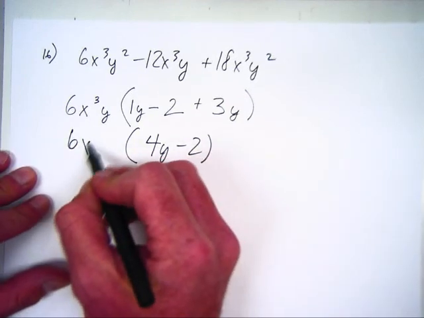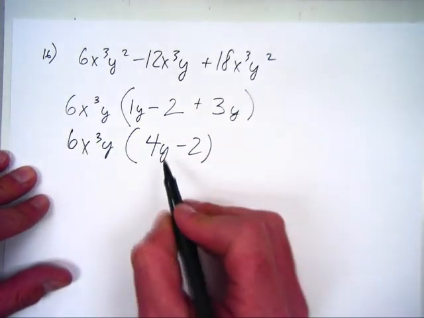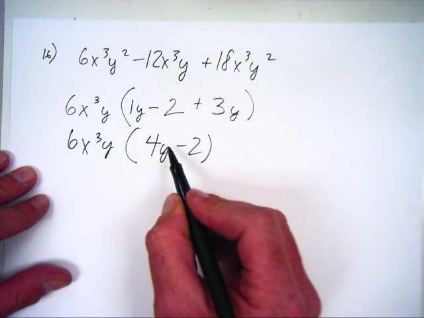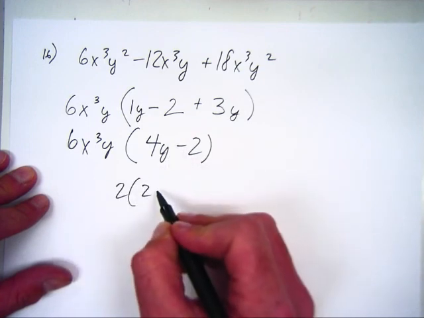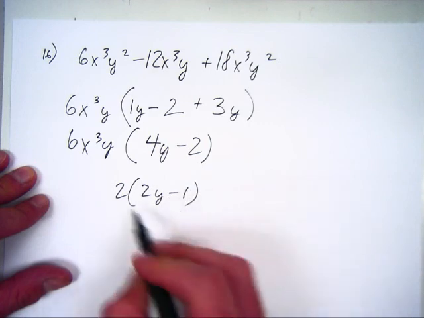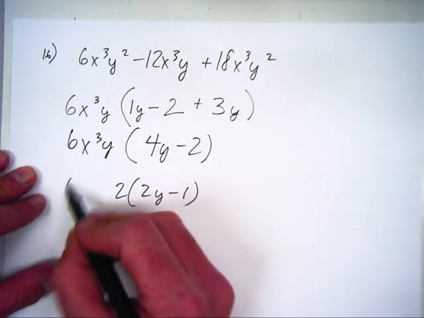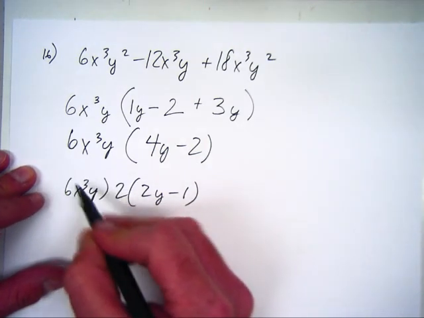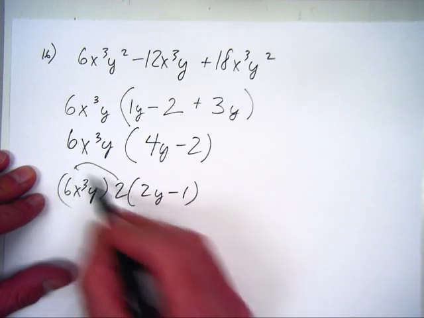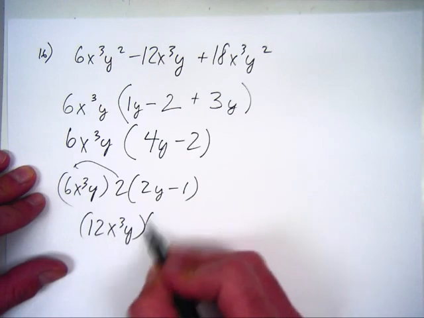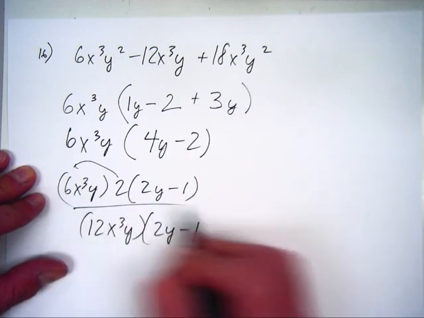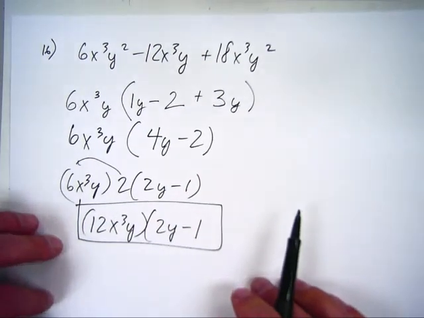I still have this 6x cubed y here. Then I can also factor out another 2 from here. So I have a 2 and a 2y minus 1. This 2 gets multiplied to all this we had outside here. So I multiply that and I get 12x cubed y times 2y minus 1. That's our final answer for number 16.